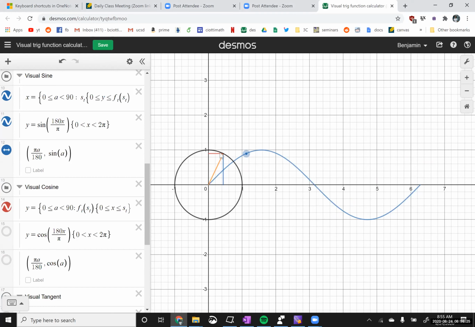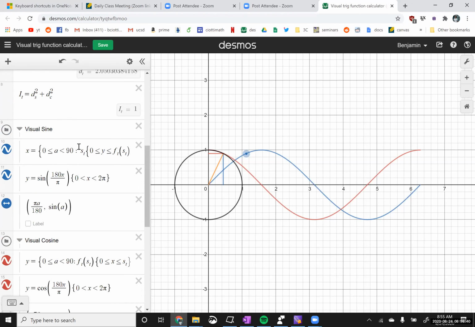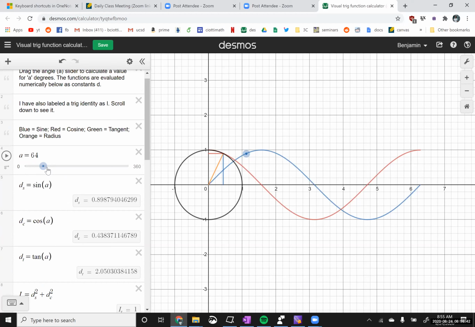That little red line is the x value of the point on the unit circle that corresponds to a certain angle. So now let's make a plot of the x values over time. And that will be the red line. So we start with the x value being 1. So this red line is equal to 1.